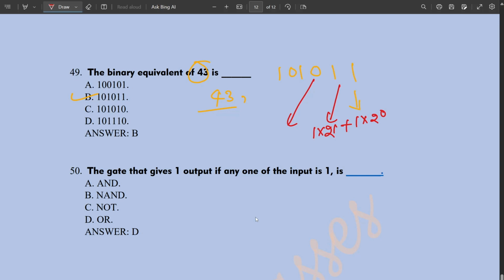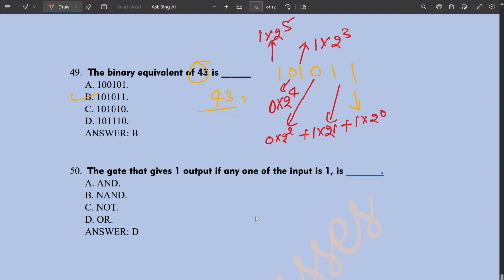Then again it's 0, so 0 multiplied by 2 to the power 2, and 1 multiplied by 2 to the power 3. Here 1 is left, 0 multiplied by 2 to the power 4, 1 multiplied by 2 to the power 5.